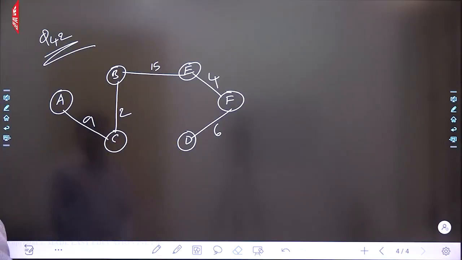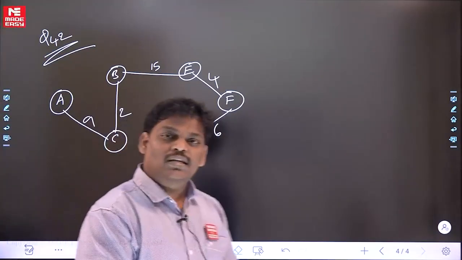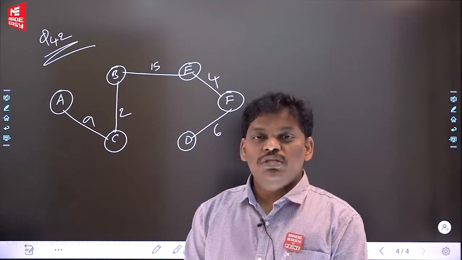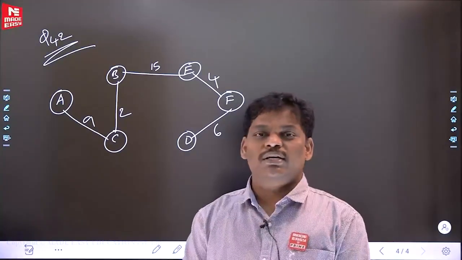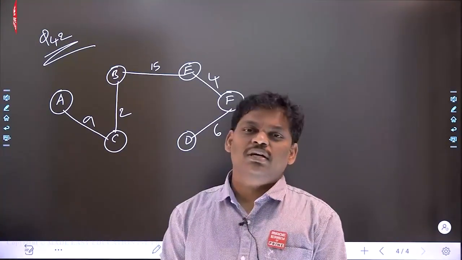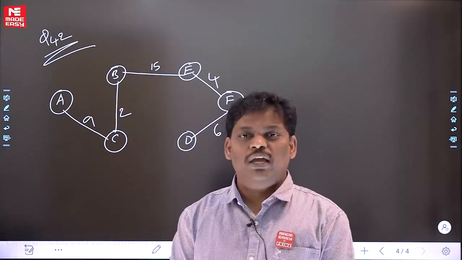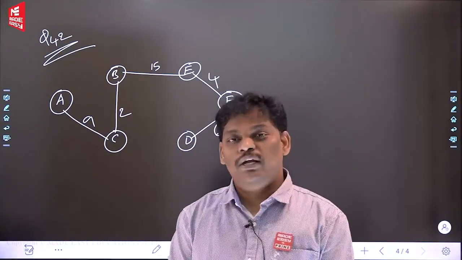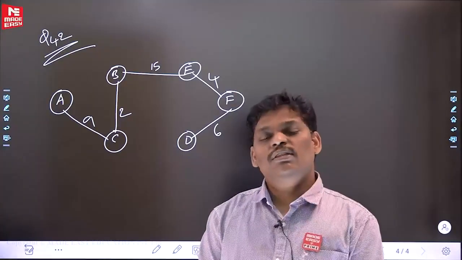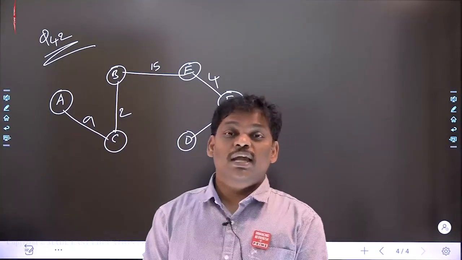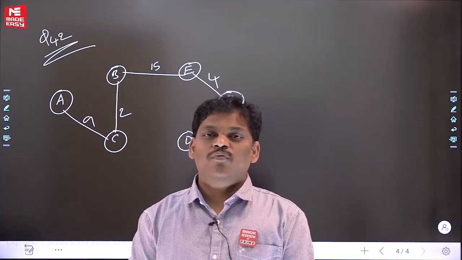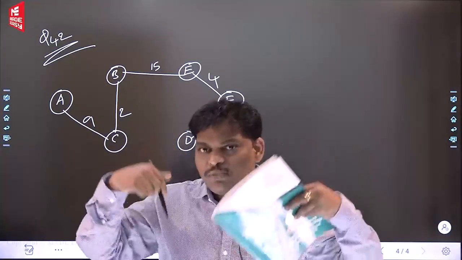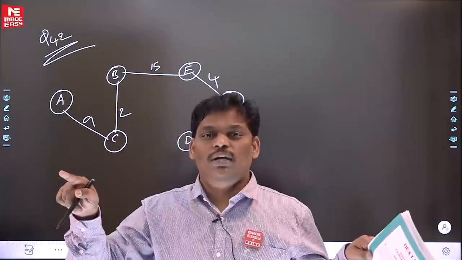Any question given in the GATE examination or any competitive examination related to MST, or related to some graph where missing edge weights you have to find out, like the X value in this graph, find the X value in this MST and find the missing edge weights. Listen, whatever I am saying now is related to MST only.